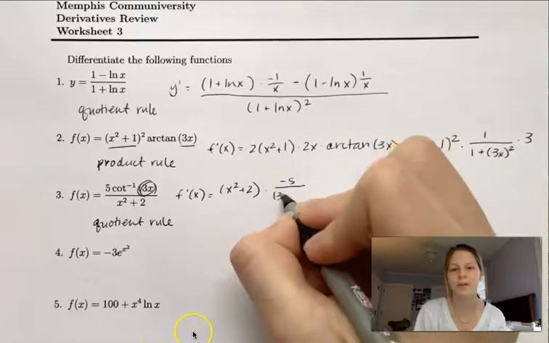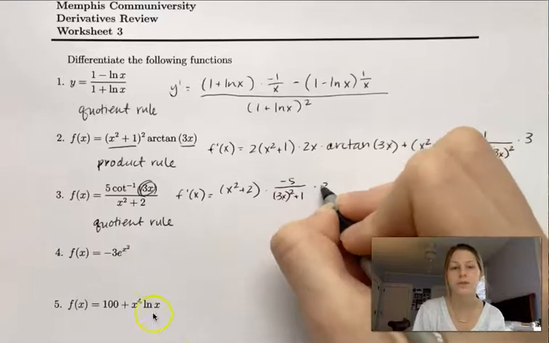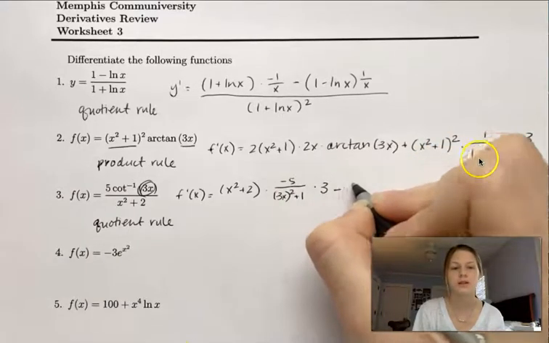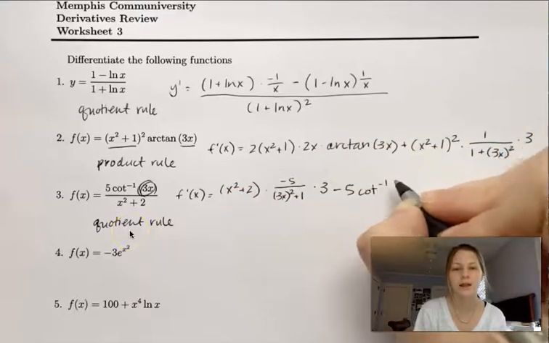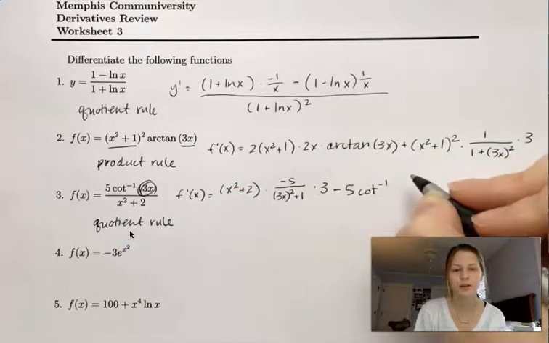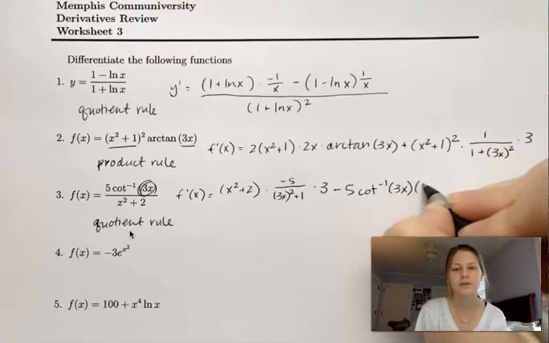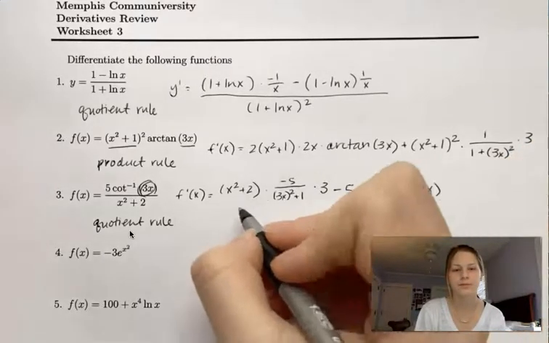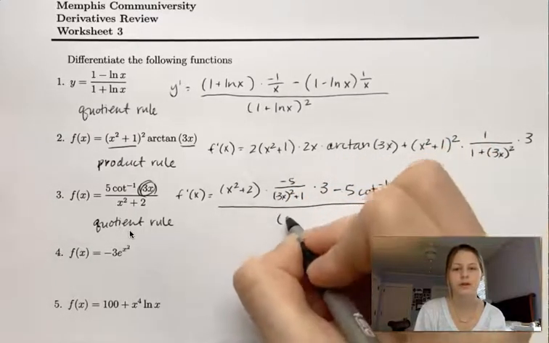So this is low times the derivative of high, which is similar to the one we just did. This arctan, it's the same derivative. And then minus high, 5 inverse cotangent of 3x, times the derivative of the low, over low squared.